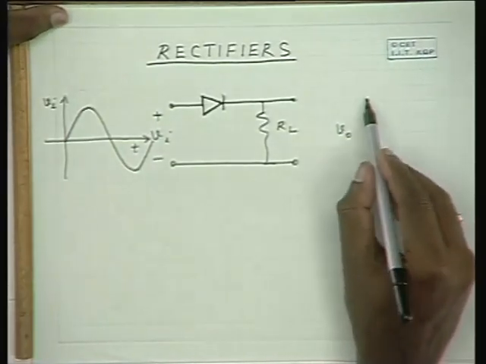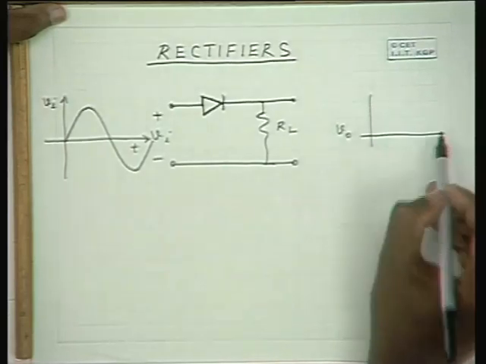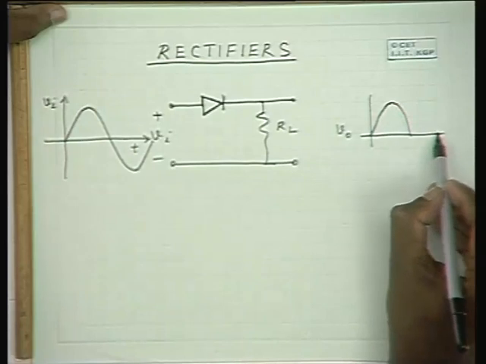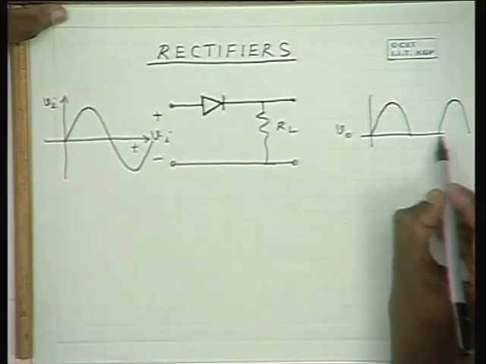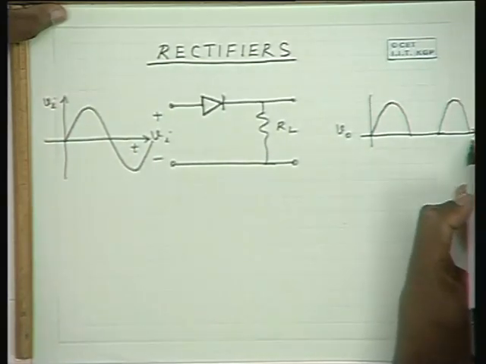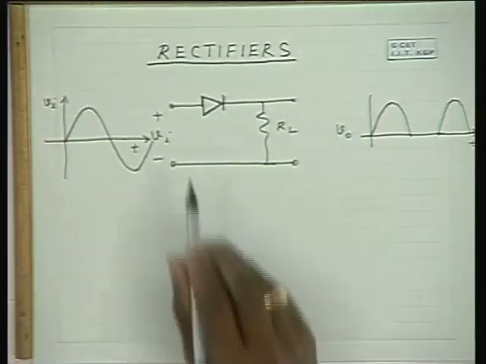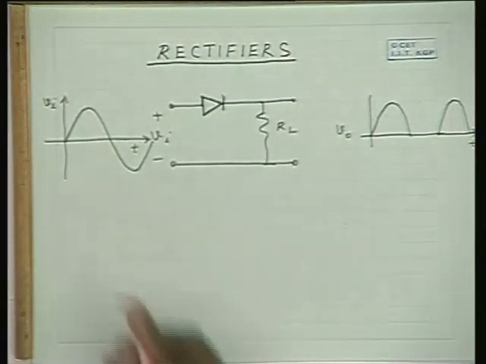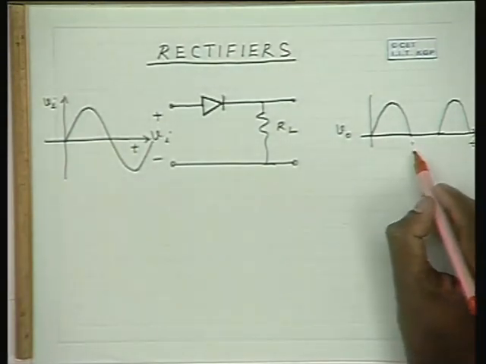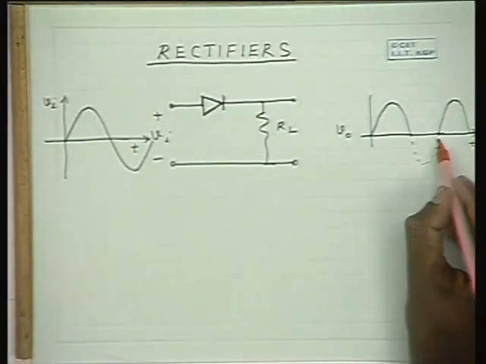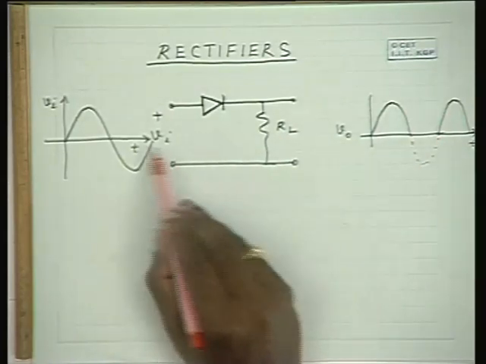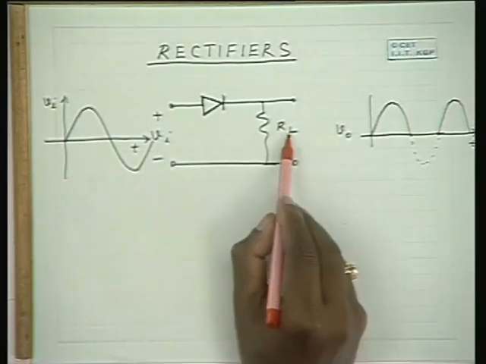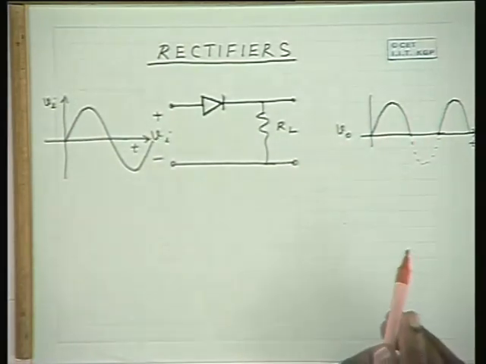So, we find that the output voltage we get is a rectified voltage of this type, with respect to time. The diode clips the negative portion, the negative half cycle of a sine wave, and it allows only the positive voltage to pass from the input side to the load resistance.